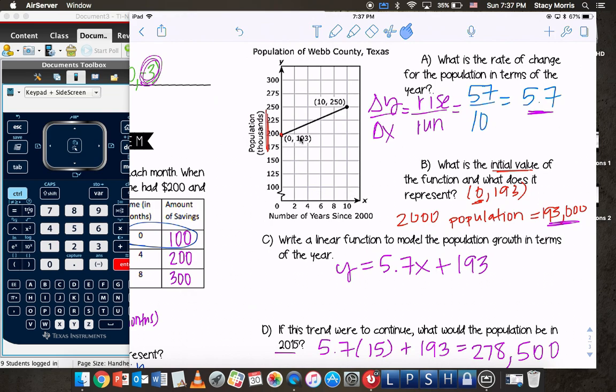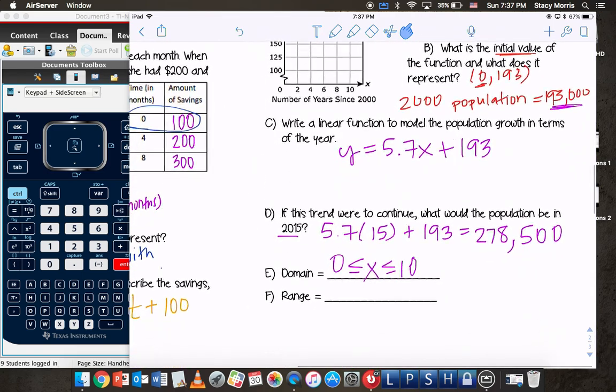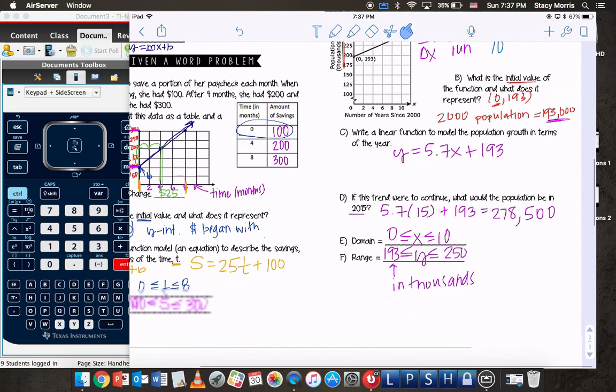So the population started here at 193,000 and went up to 250,000. Okay. So again, we're just using this graph. So not really an exact number, but we'll go with the graph. So greater than or equal to 193, less than or equal to 250. Again, those numbers are in thousands. Okay. There we go.